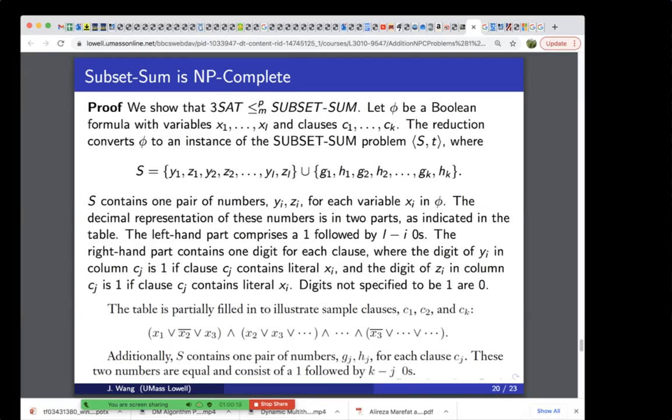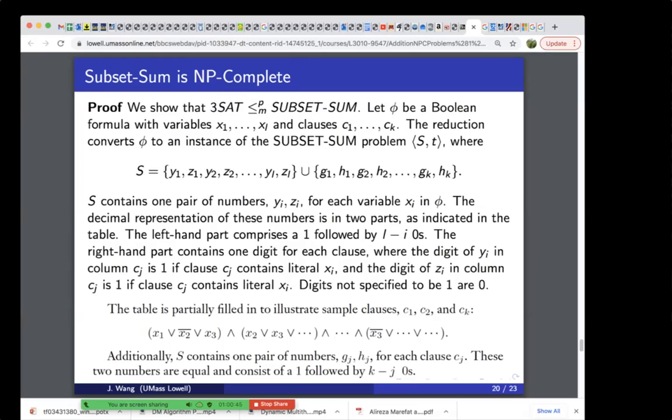Okay, so then I'm going to use numbers to represent possible truth assignments. Okay, so this proof is also kind of hard. This is not straightforward. So let's spend some time to work this out. So this is what we're going to do.